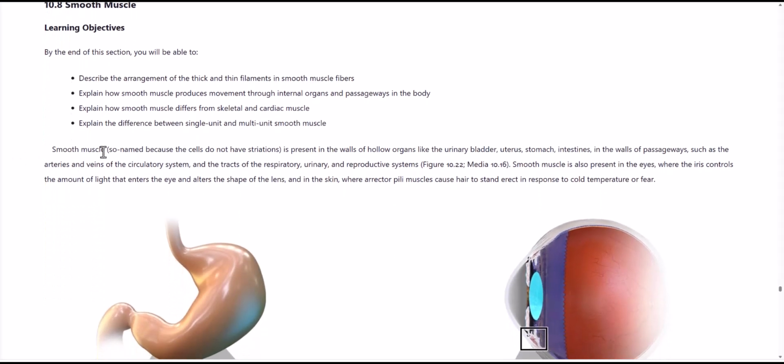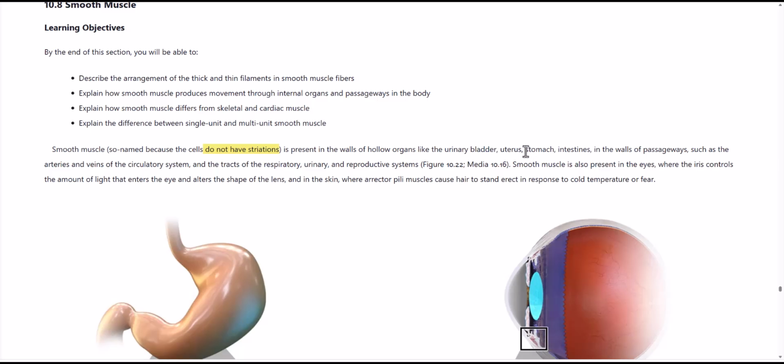And remember, smooth muscle is so called because we do not see striations. Now, smooth muscle still has actin and myosin, but it isn't arranged in sarcomeres, and therefore you don't see the striation patterns. Where do you find smooth muscle? You find it in the walls of your hollow organs.